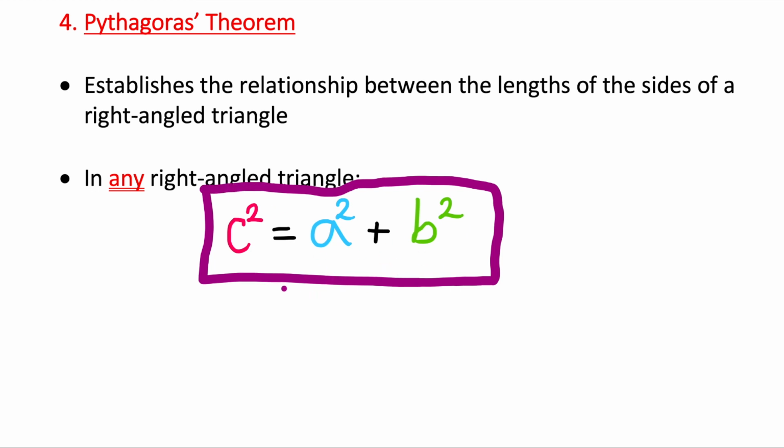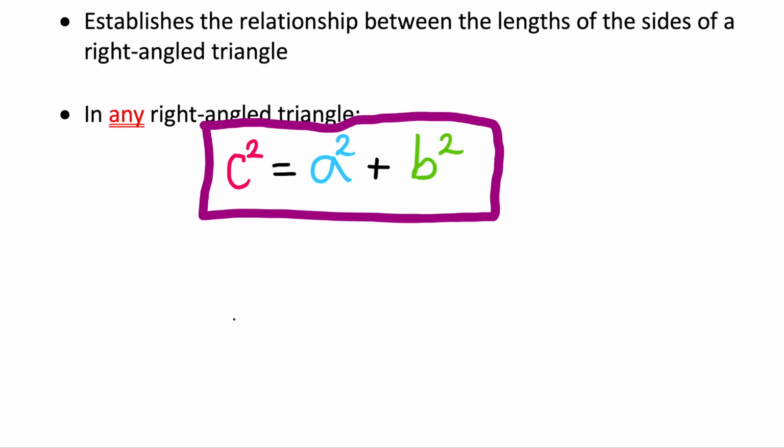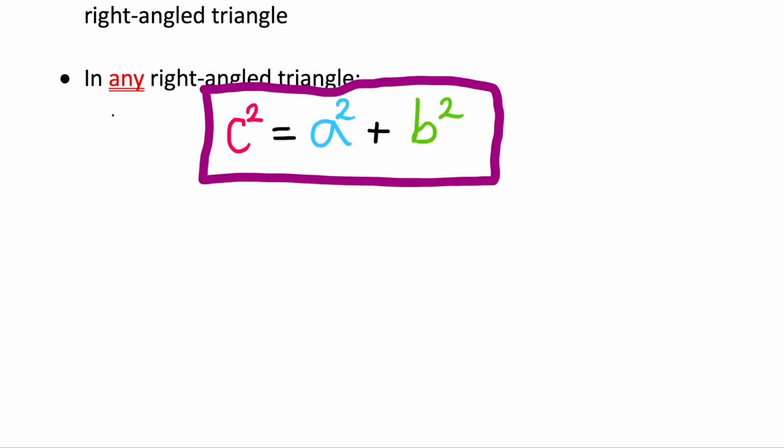Okay, this is our theorem. This is Pythagoras' theorem. Now, this is useful if we need to find our hypotenuse length. But sometimes they're going to ask us to find one of the shorter sides. So what happens if we have to do that? If we have c squared equals a squared plus b squared, let's say that I have to find a.